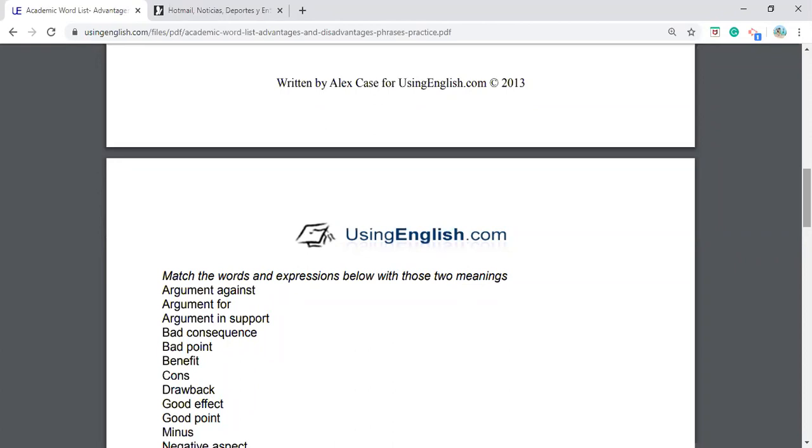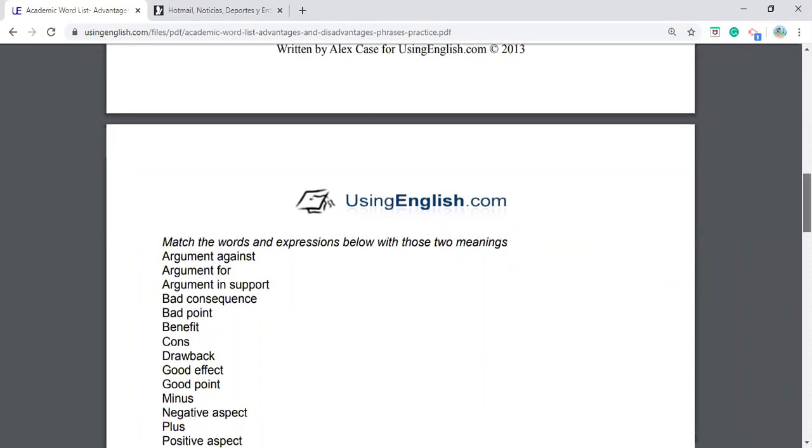The three main minus of COVID-19 are, right? And you can list all the bad points because the minus are the bad points. The negative aspects is another word.